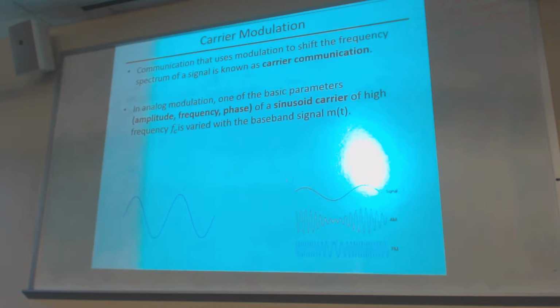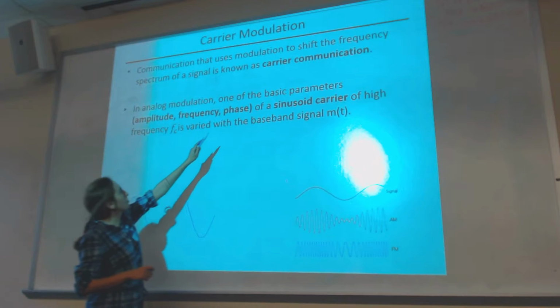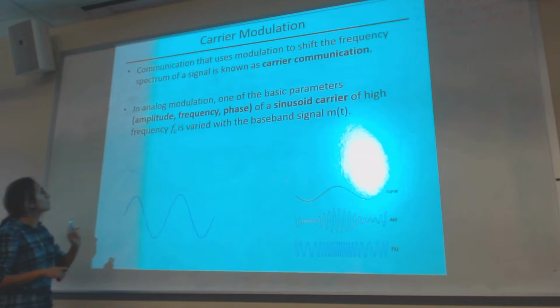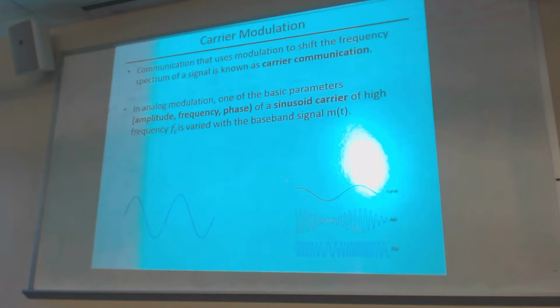We can have different kinds of carrier communication: amplitude modulation AM, frequency modulation FM, and phase modulation PM. We're going to study all these three in the next few lectures.